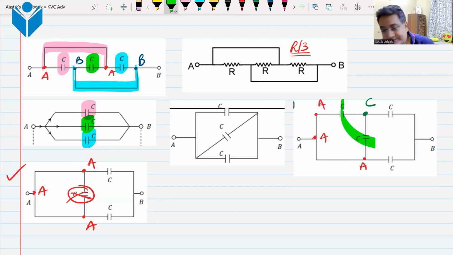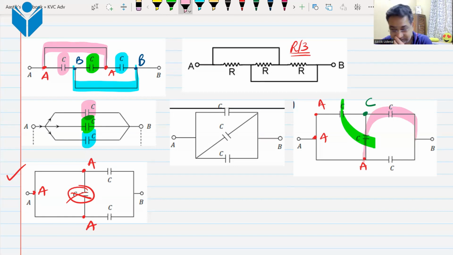Then after that, between A and C we have found it out. Now, how do I go about from there? How did I get 5C by 3? This 2C that we have got and this C will be in series.